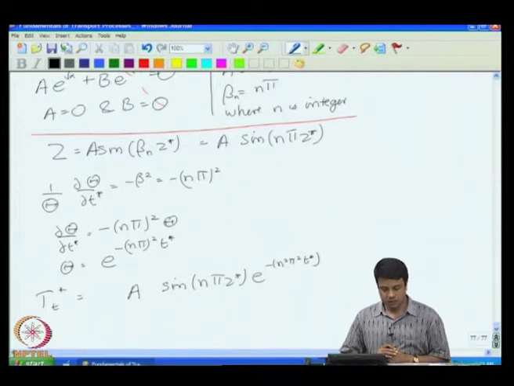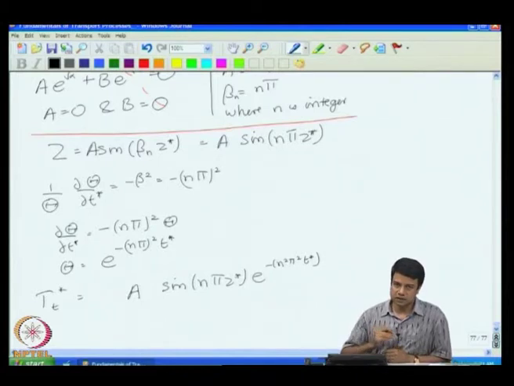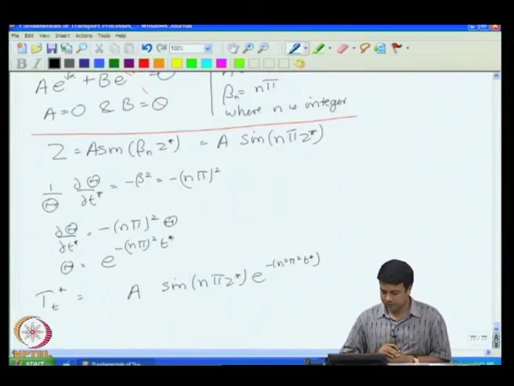This satisfies the differential equation and the boundary conditions if n is equal to 0, 1, 2, 3, etc. So, no matter what the value of n, this form of the solution satisfies the boundary condition as well as the differential equation. We still have not imposed the initial condition. We will come back to how to impose that a little later. But this is one particular solution of the differential equation which satisfies both boundary conditions.